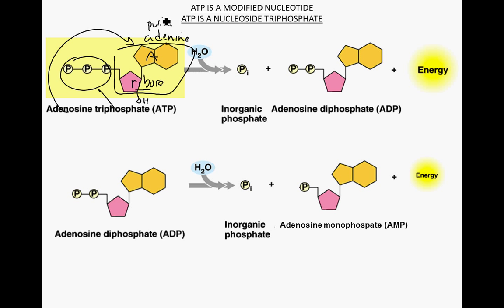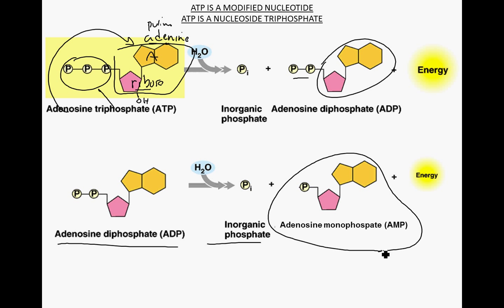If I dephosphorylate that, then I get adenosine diphosphate. Again, here's the adenosine part, and then there's the diphosphate part. If I take another phosphate off, as I'm showing you here, what do you get? You get this thing called adenosine monophosphate. Well, look at what this actually is.